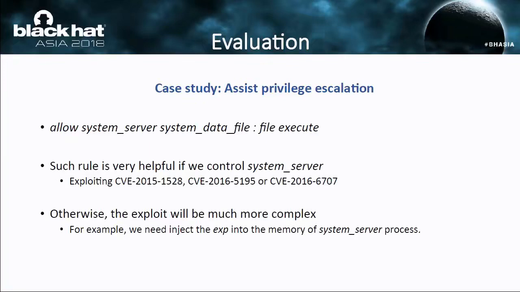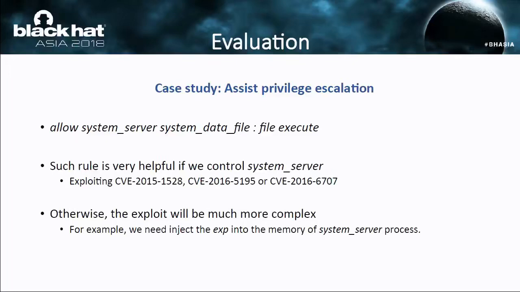With the help of the rule, the exploit will be much easier. If we don't have this rule, maybe we should inject the exploit into the memory of the system server process, and such an exploit will become much more complex.